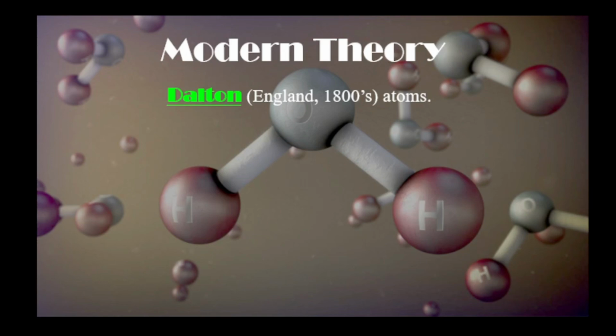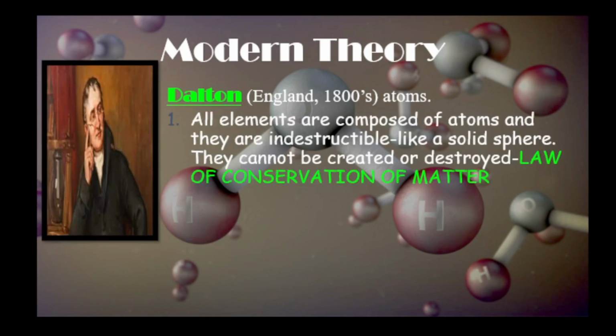He said that all elements are composed of atoms and they are indestructible like a solid sphere. So they cannot be created nor destroyed. So this is what we call the law of conservation of matter.